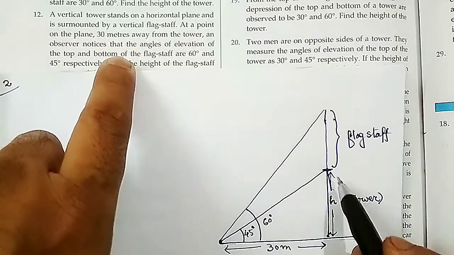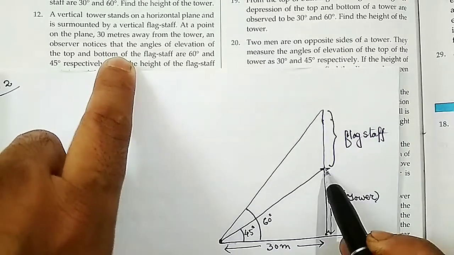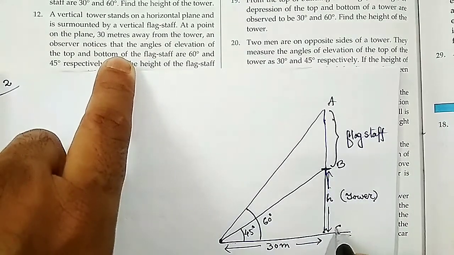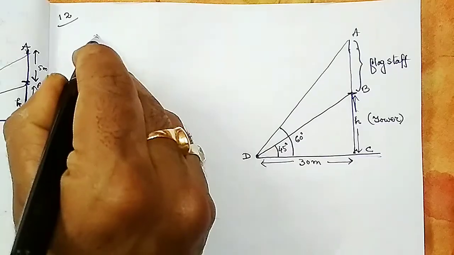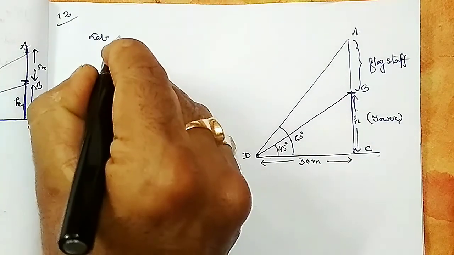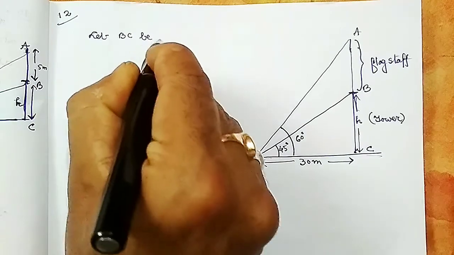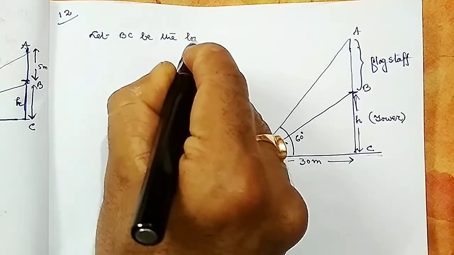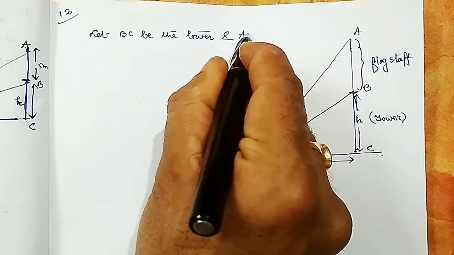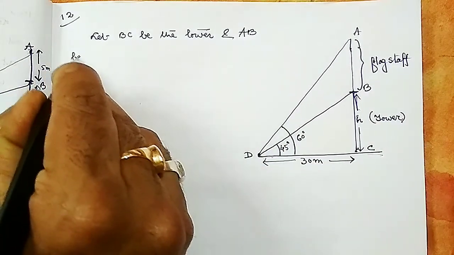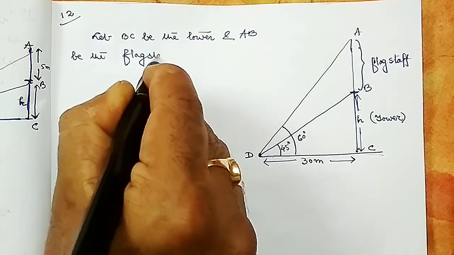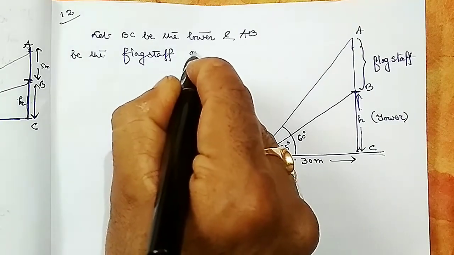Find the height of the flagstaff. That means we have to find this point to this point. Let me name this one as A, this point as B, this point as C and this point as D. Let BC be the tower, and AB be the flagstaff on top of it.